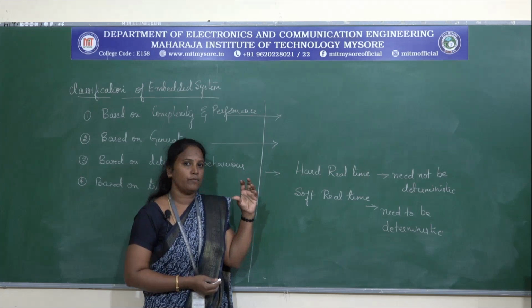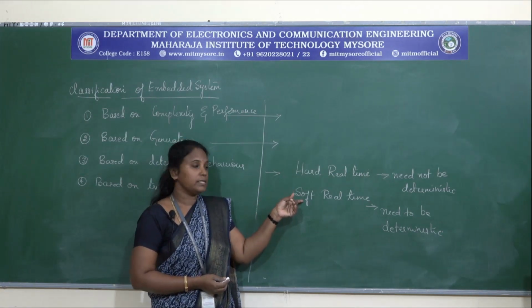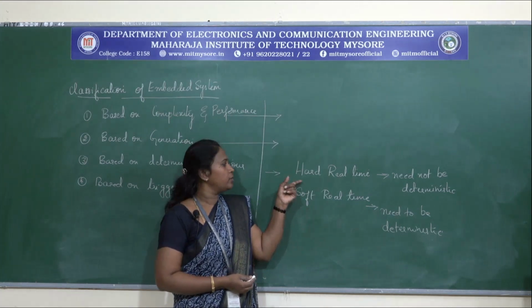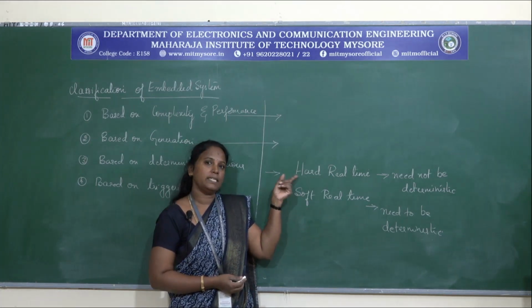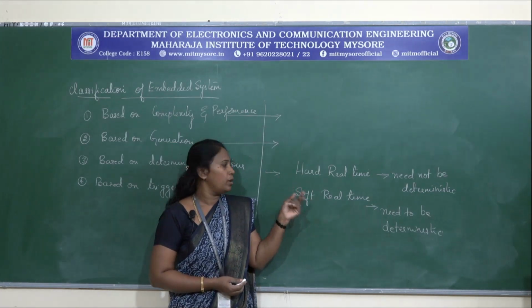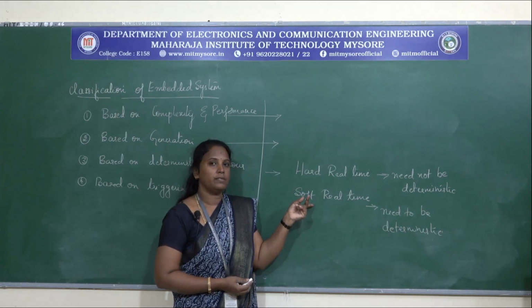In the case of soft real time, it has to meet its deadline here without missing. So in case of hard real time, it can miss the deadline, but in case of soft real time, it is not going to miss the deadline.